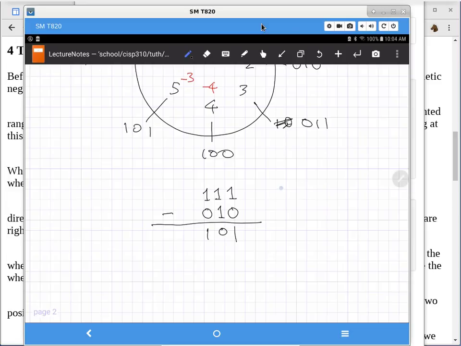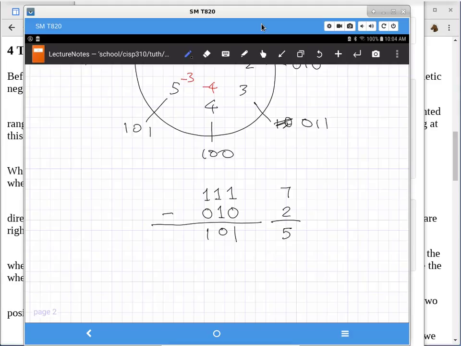So 111 is representing 7. 010 is representing 2. And we should get 5 back. Is 5 represented by 101 in base 2? Well, let's figure it out. 1, 0, 1 is 1, 2, 4, which means it is 1 plus 4. Oh yeah, that's 5. Okay, cool.